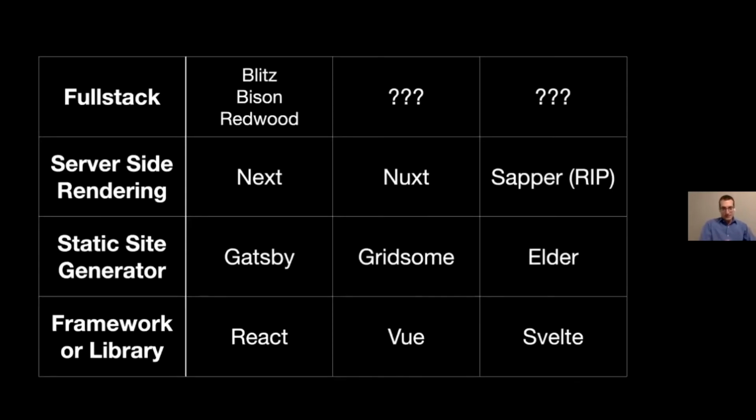So this is my meta framework chart that shows all the different meta frameworks that exist. I'm super into this kind of stuff. And if you look at the bottom layer, you have React, Vue, and Svelte. Each of those is your main JavaScript framework or library that is taking care of the whole user interface, the visual components.